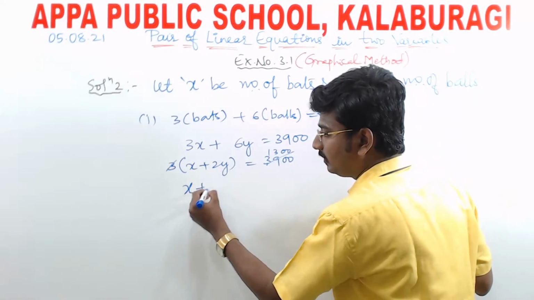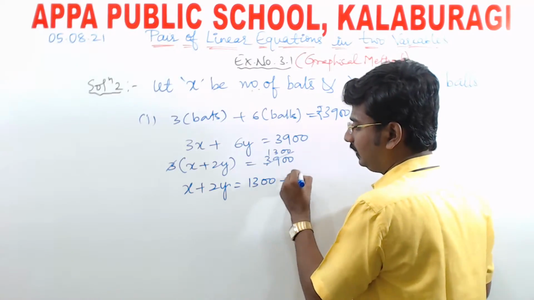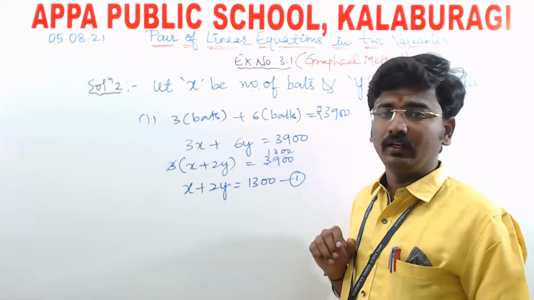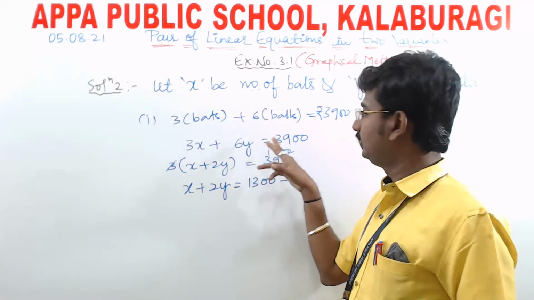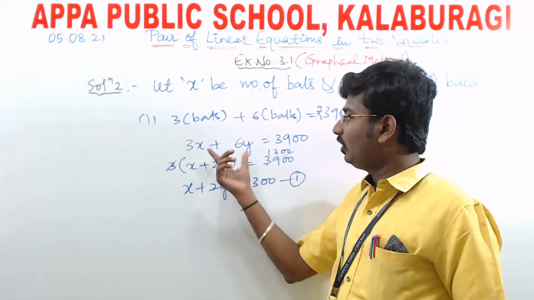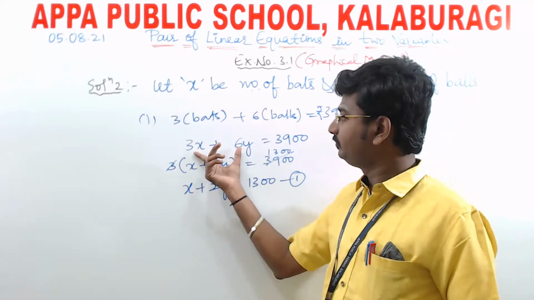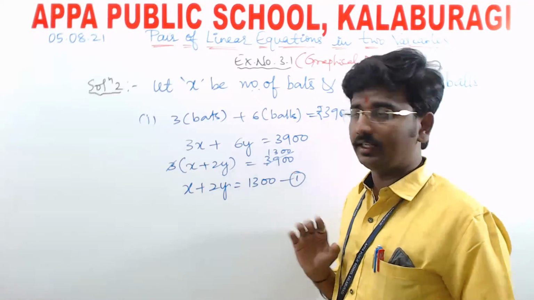So the first equation will be x plus 2y equal to 1,300, equation 1. The number of bats was 3, the number of balls was 6, and the total cost was 3,900, so I have taken 3 common.